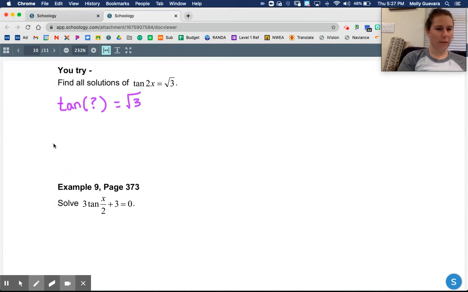So hopefully that makes sense. So here's my tangents. It's positive, so it's going to be either in quadrant 1 or quadrant 3. And at root 3, it's here and here. So the angles that have a tangent of root 3 are pi over 3 and 4 pi over 3.